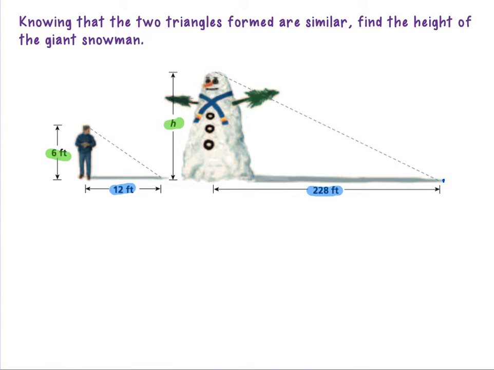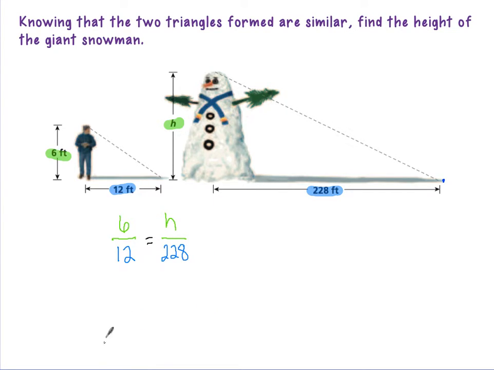So I can create a proportion and say that the man is 6 feet to his shadow, which is 12 feet, and that has to be proportional to the height of the snowman, h, and his shadow of 228 feet. From here, we know exactly how to solve.